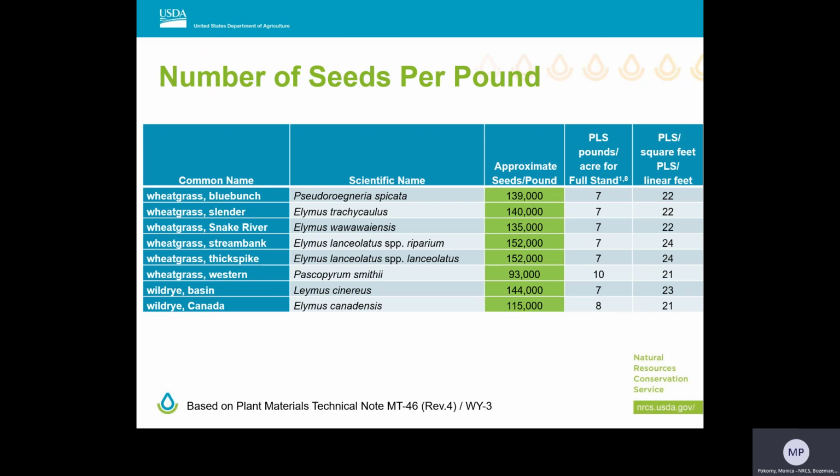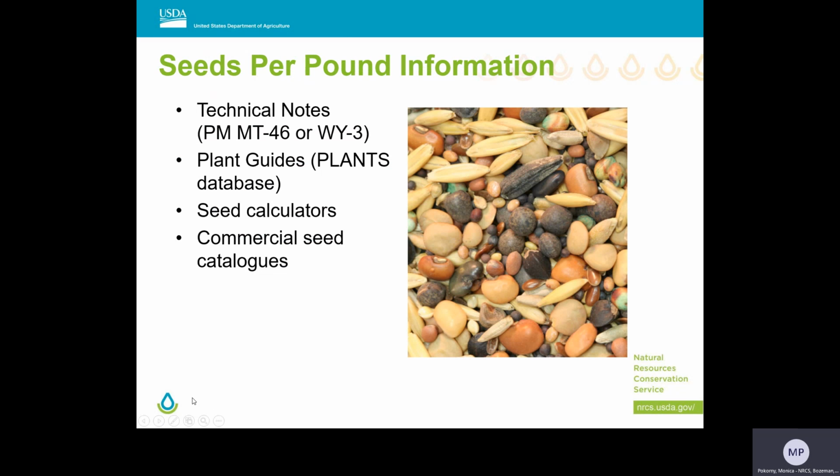This value might vary from year to year, from seed lot to seed lot, or by the cultivar that you use. But for the conservation species that we use, the best source of information for the number of seeds per pound is our plant materials technical notes.